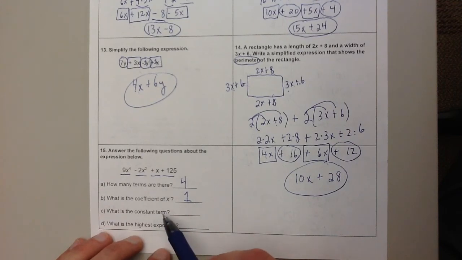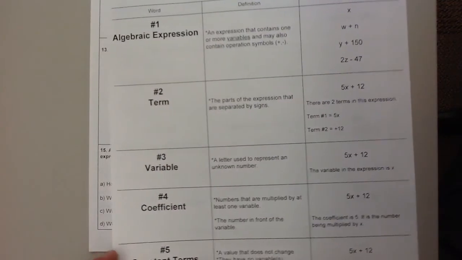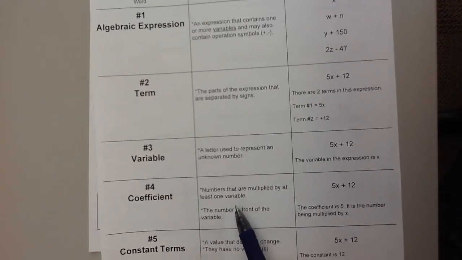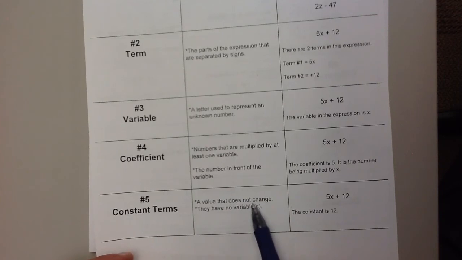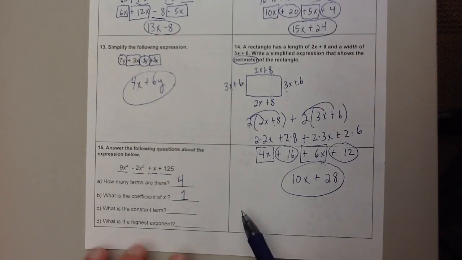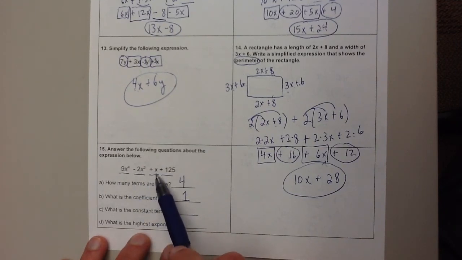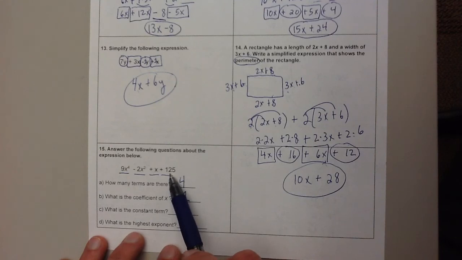C, what is the constant term? Remember the constant term, according to our key terms chart, is a value that does not change. They have no variables. Okay, so we're looking for a number that has no variable. This has a variable x, this has a variable x, this has a variable x. 125 has no variable.